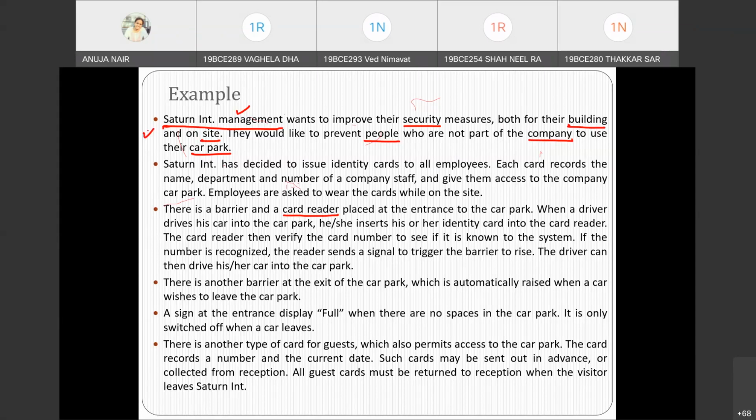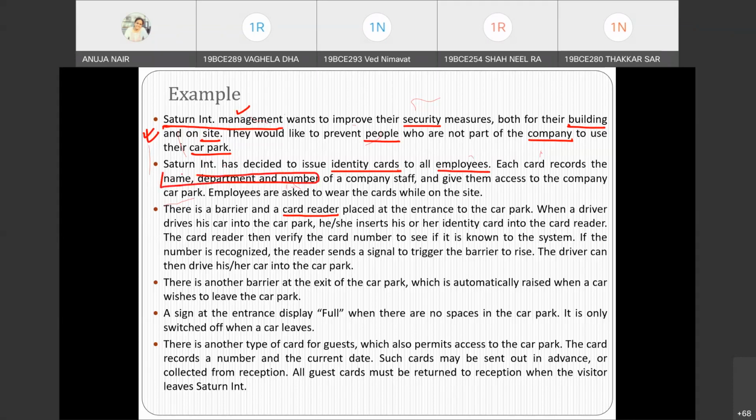First statement is done. Second, let's come to the second statement. So Saturn interior is already done. Now identity cards. Very good. Then employees. Yes. Then next. Can I say these are attributes?